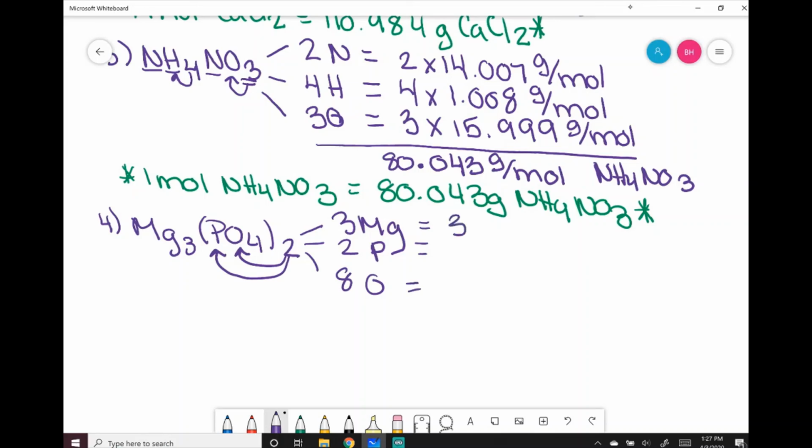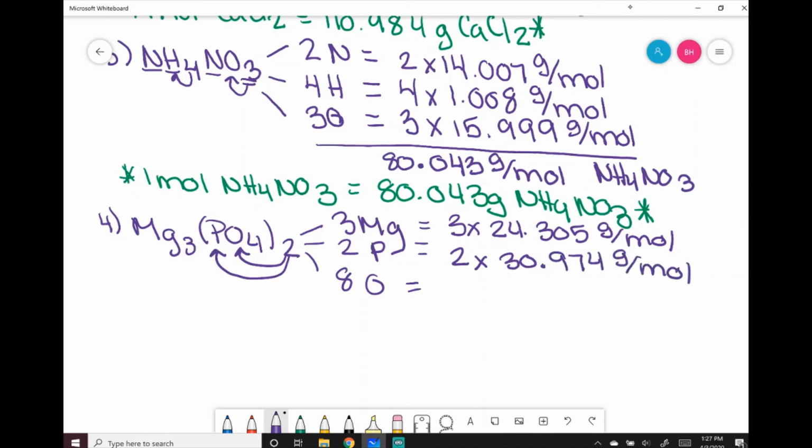So I have 3 times 24.305 grams per mole. I have 2 times 30.974 grams per mole. And I have 8 times 15.999 grams per mole.